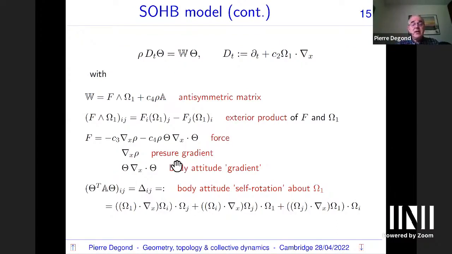So now there is another term, which is another antisymmetric matrix, which has a certain expression, but the main feature of this matrix is that it fixes omega 1. So somehow it's an inner rotation of the frame about the self-propulsion direction. It's like if the bird was flipping its wings while going in the same direction, right?